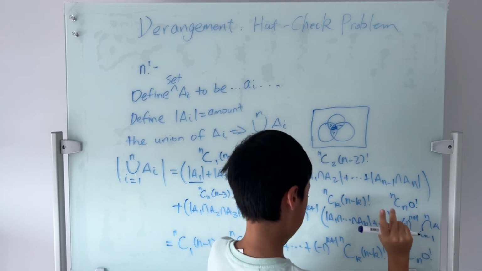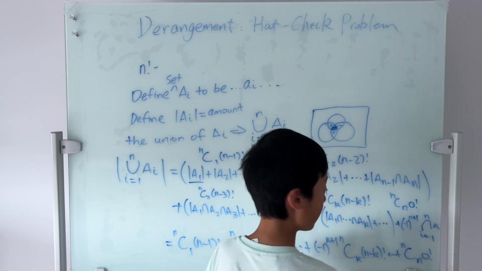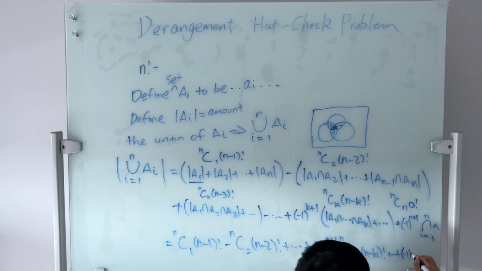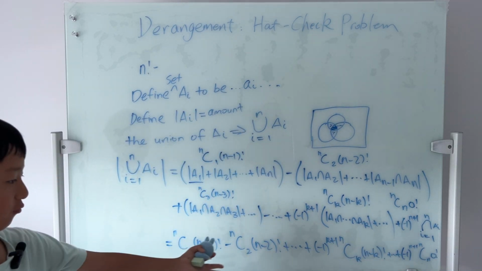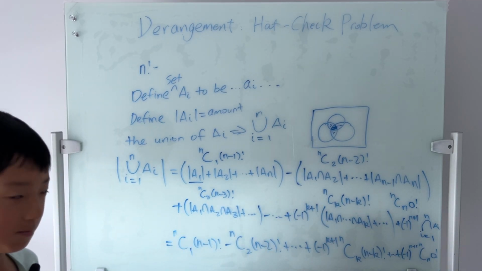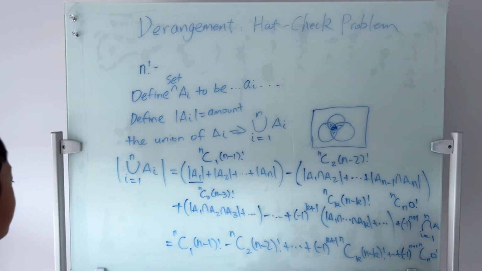Oh, wait, I forgot the sign: (-1) to the n plus 1, C(n,n), 0 factorial. Okay, it just fit. I hope you can read this. My handwriting is a bit messy, but okay.